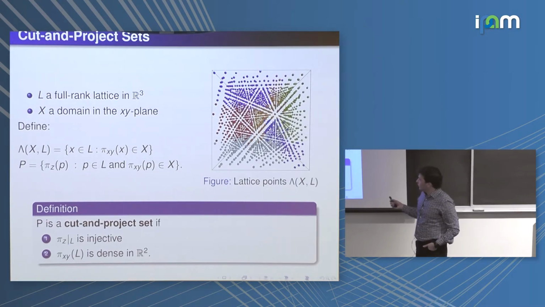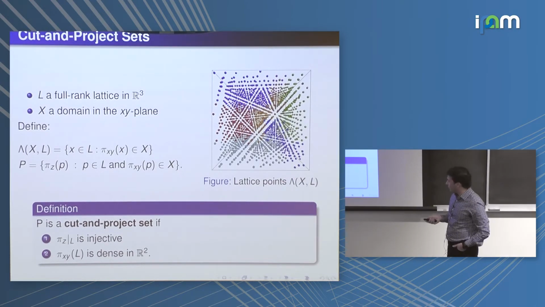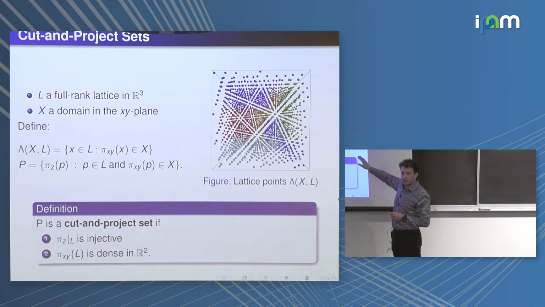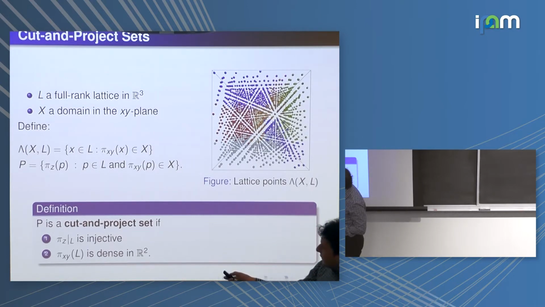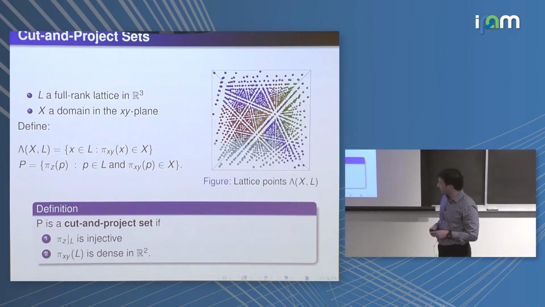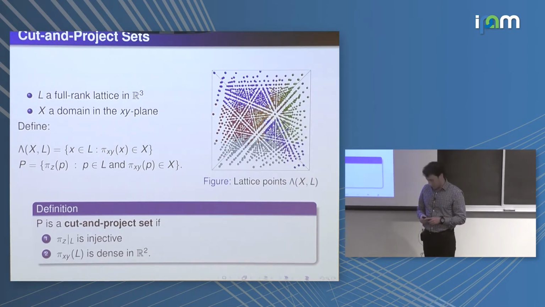And we need this set of points in the window, which I'll call lambda of X, L, to have a certain property. The property is that when you take these points and you project onto the orthogonal direction, so here I'm thinking about X as lying in the XY plane, there's an orthogonal direction in the Z coordinate, and pi Z of P means that we project those points onto the Z direction. Then we want that set of points P to be injective and the projection to be dense in R2.